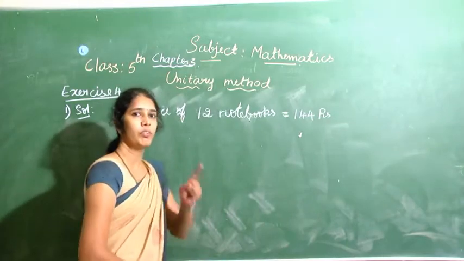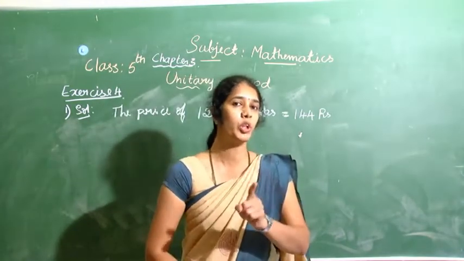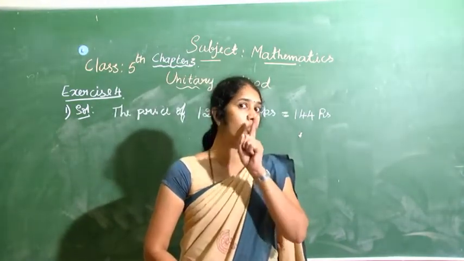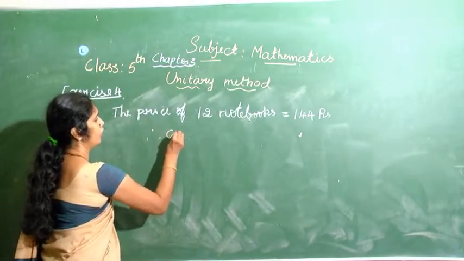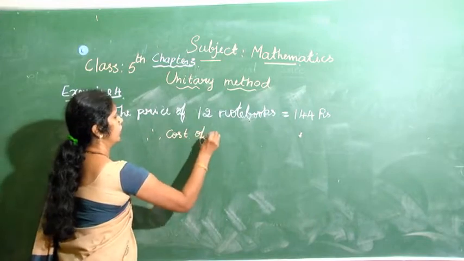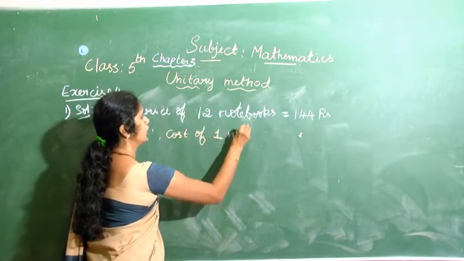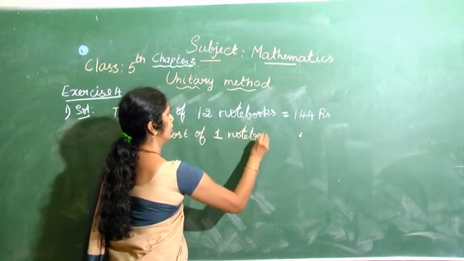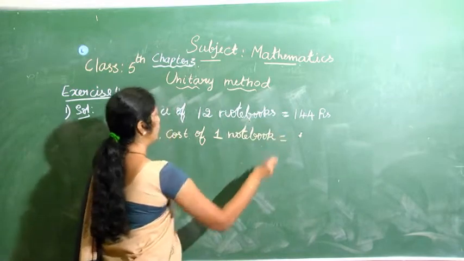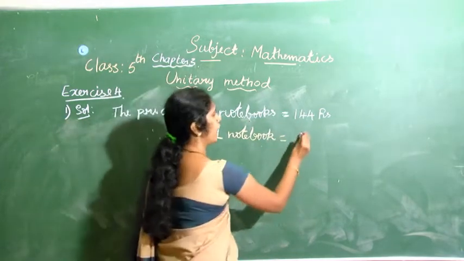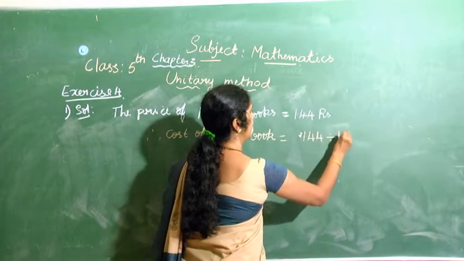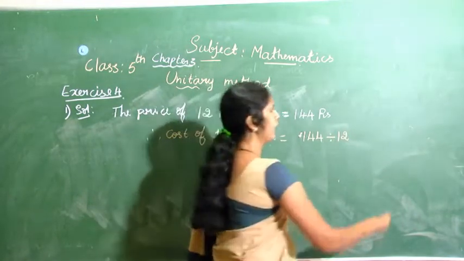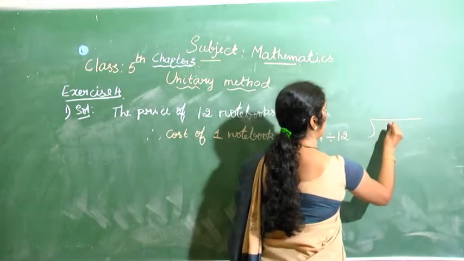For that, the first step is to find the cost of 1 notebook. Therefore, the cost of 1 notebook is equal to 144 divided by 12. Okay? So what will we get?